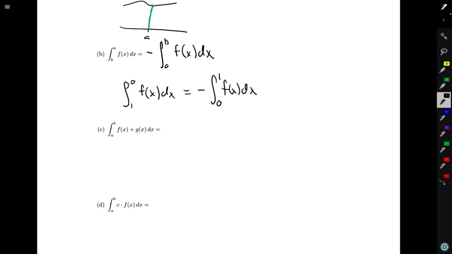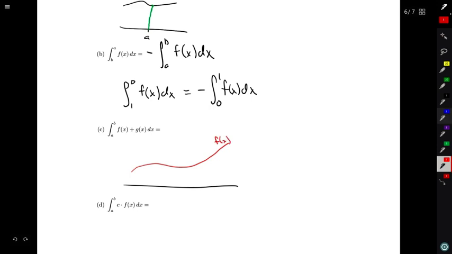Part C is asking us about the integral of f of x plus g of x dx. So maybe we want to think about this one geometrically a little bit. If I have some function here which is f of x, and I have some other function, g of x, what this is asking us to do is to look at the area under the curve where the curve is given by adding f plus g.